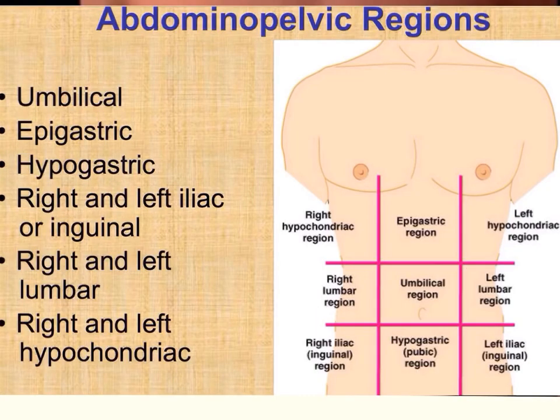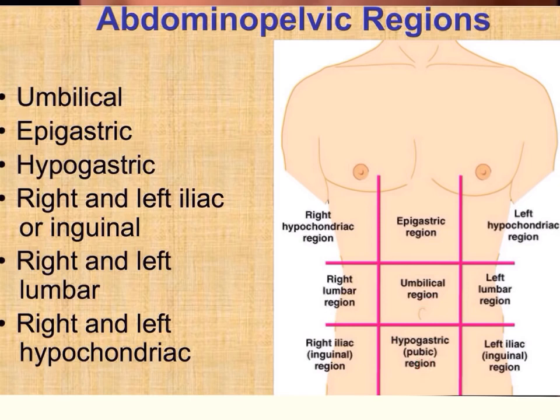Just like we had the 4 body quadrants, we also have the 9 regions of the abdominal pelvic cavity. You'll notice that we have a tic-tac-toe drawn here, and we have the umbilical region, which is where we have the belly button. This is the centermost region. The epigastric is the region superior or above the umbilical. The hypogastric is inferior to the umbilical area.